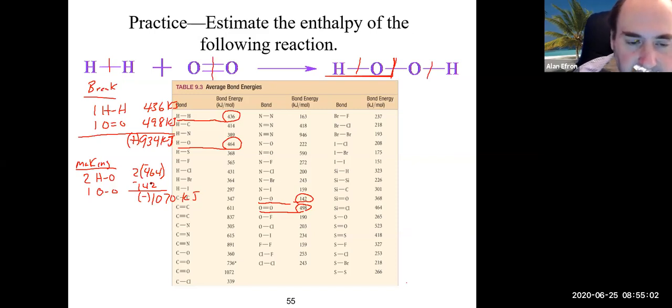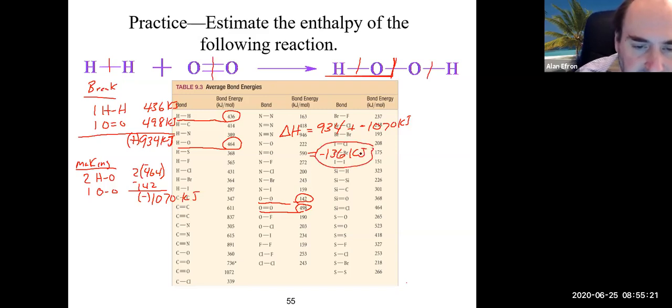It's going to give us an overall delta H equals minus 136 kilojoules.